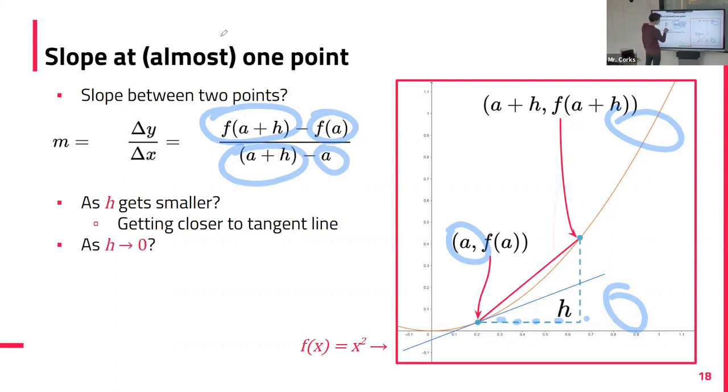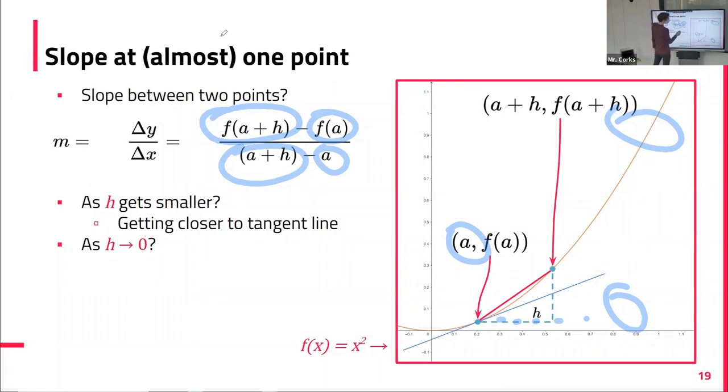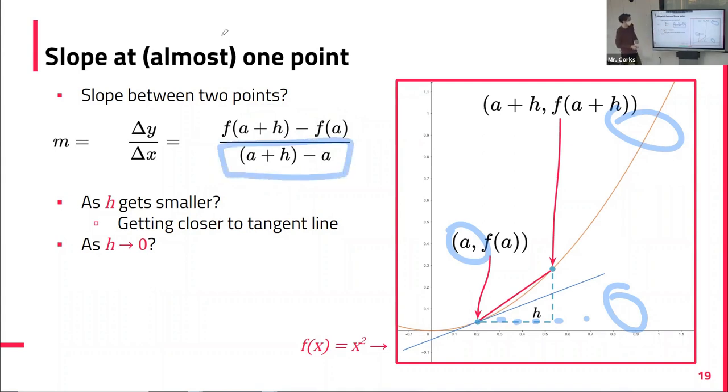And we just want that h value to get close to 0. So the smaller it gets, the better our estimate is. But what would happen if the h value becomes 0? Slope would not be 0, but look at the formula and look at what would happen here.